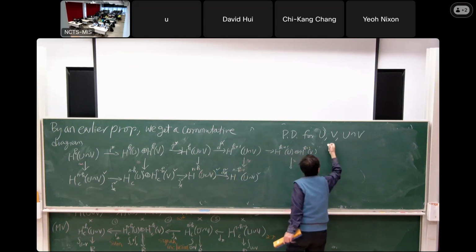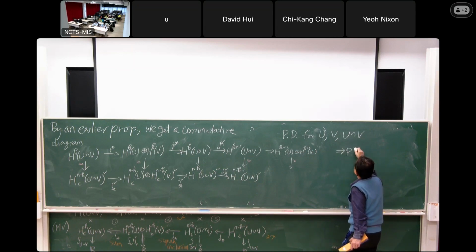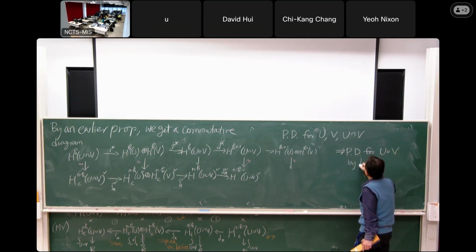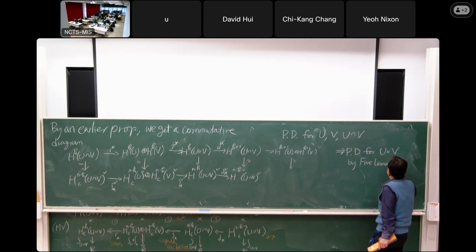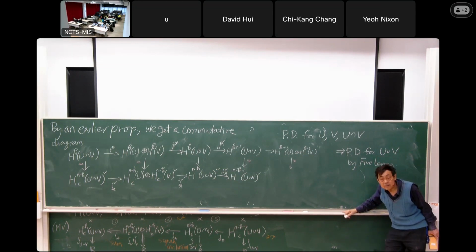So Poincare duality for U intersection V by the five lemma will imply Poincare duality for the union. And so you can start doing induction.